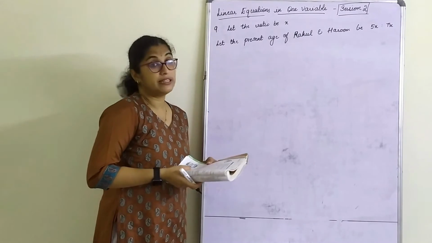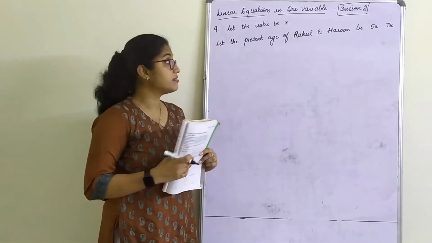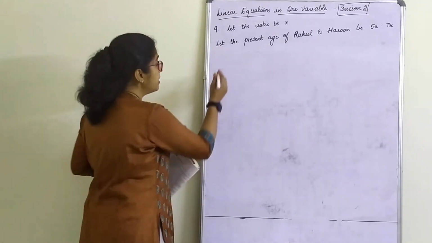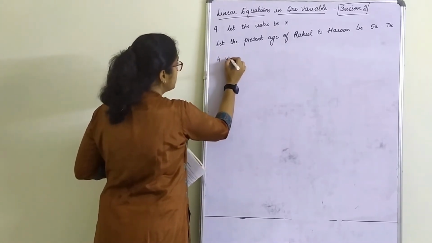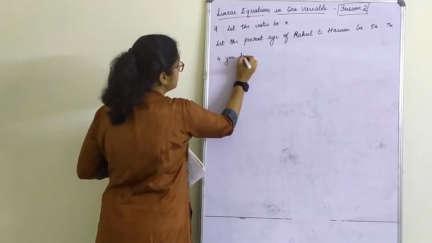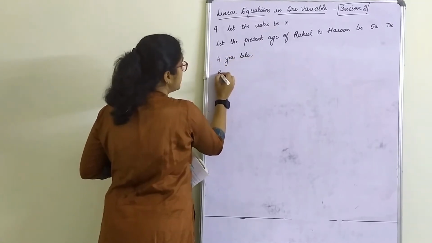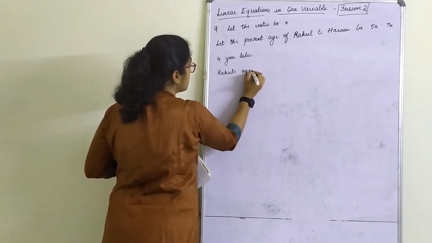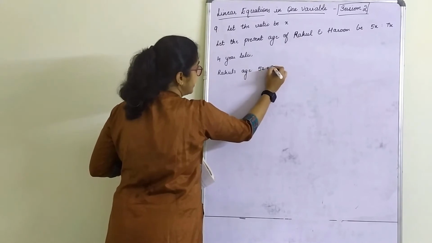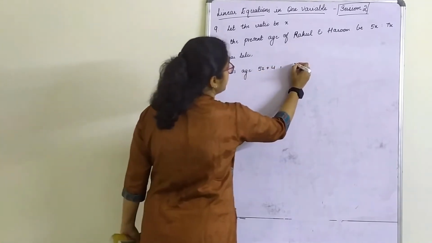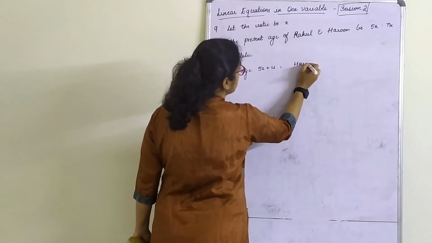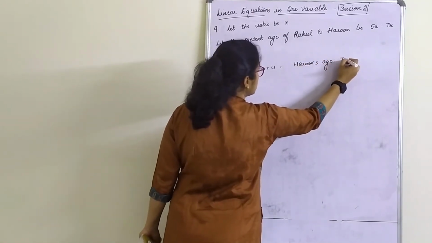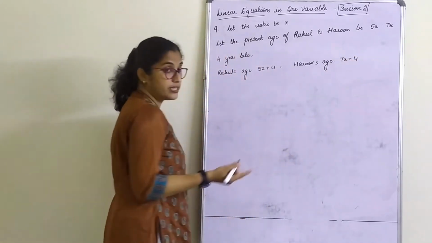Now for example, if I tell you your present age is 12 years, 4 years later, what will you do? 12 plus 4 you do, right? Similarly here, 4 years later, what will be Rahul's age? 5x plus 4. What will be Harun's age? 7x plus 4. 4 years later it is given.